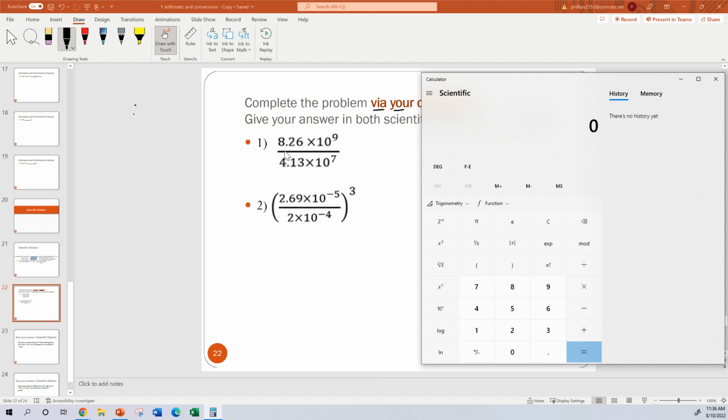For the first problem, I want to start by entering the first number on the top of the fraction. So 8.26 and then times 10. On this calculator, I have this X to the Y button, which lets me get an exponent. I'll click that, and you can see up here it shows the caret key, which is the key you have on your calculator, and that is to the 9th power.